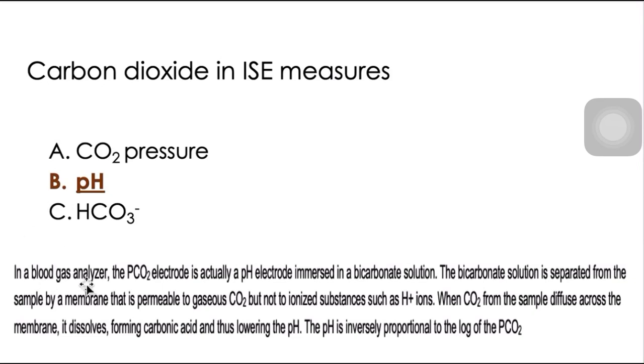So in a blood gas analyzer, the PCO2 electrode is usually a pH electrode immersed in a bicarbonate solution. The bicarbonate solution is separated from the sample by a semi-permeable membrane that is selective to your carbon dioxide. No? And then, when CO2 from the sample diffuses across the membrane, it dissolves, forming carbonic acid and thus lowering the pH. So again, what we are measuring here at the end is also the pH.